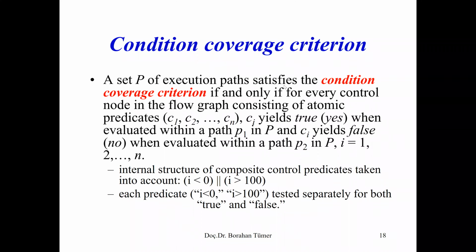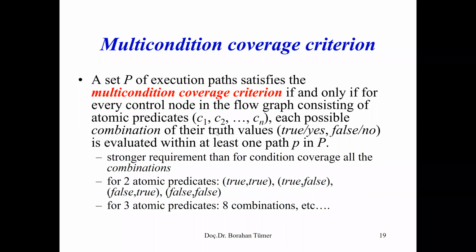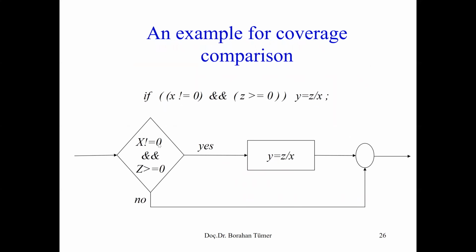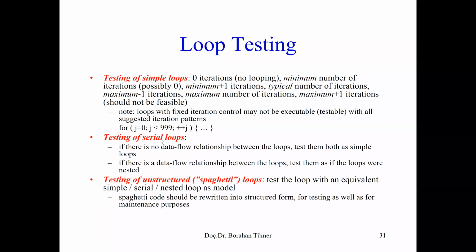A set P of execution paths satisfies the condition coverage criterion if and only if for every control node in the flow graph, consisting of atomic predicates C1 through Cn, Ci yields true when evaluated within a path P1 in P, and Ci yields false when evaluated within a path P2 in P. All right? So come back to our example.